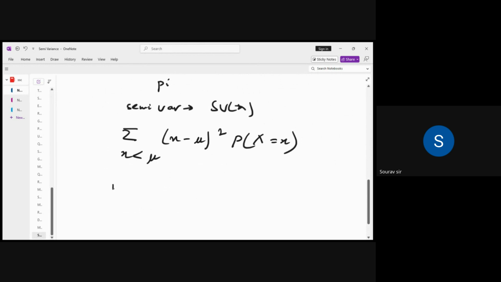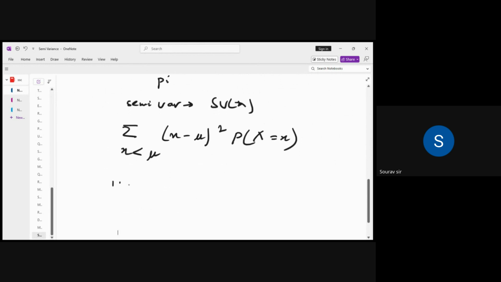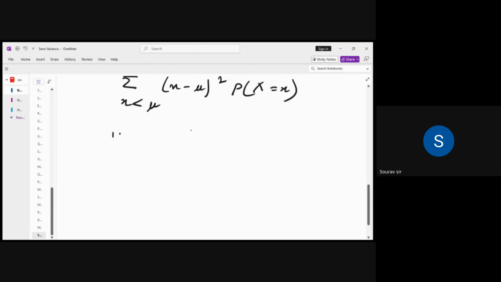First, I will identify the mean, and then I will calculate all the values of X which are below the mean. And then we will compute the deviation from the mean. This is very important.